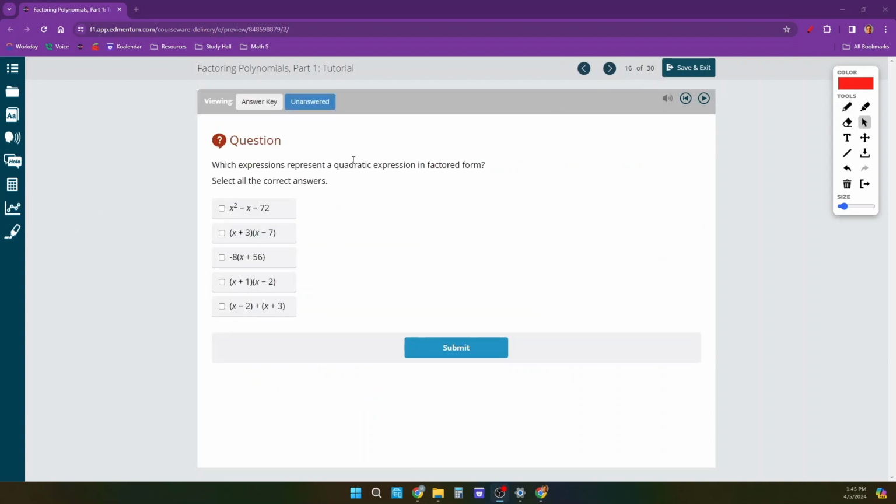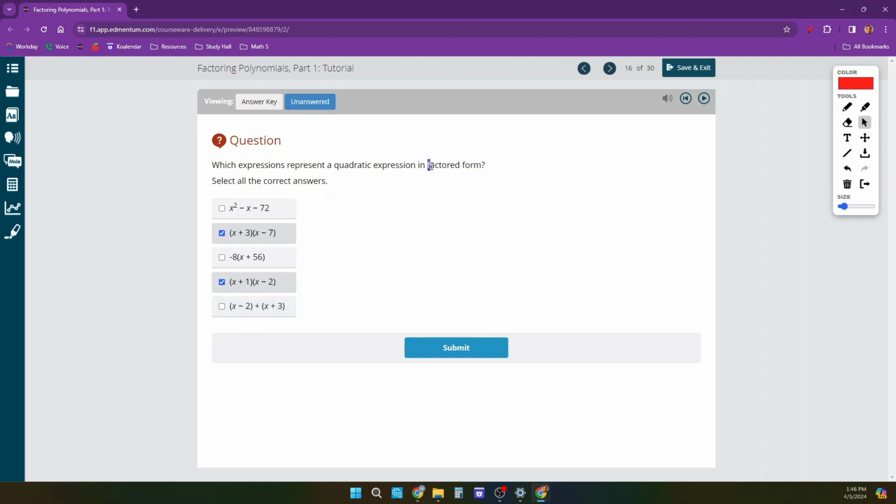So page 16 is just a knowledge check. Which expressions represent a quadratic in its factored form? The factored form of a quadratic is, generally speaking, two polynomials or two binomials. So it's going to be 1, 2, and 3. Excuse me, it is not going to be 3 because there is a plus between these two.